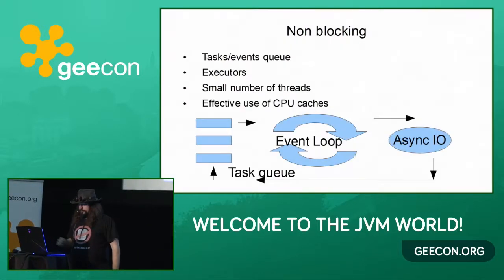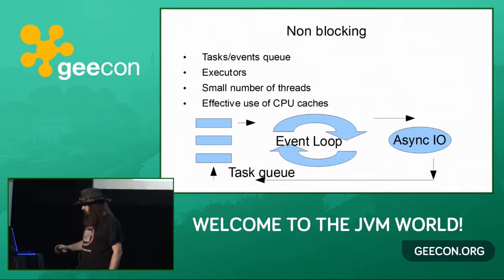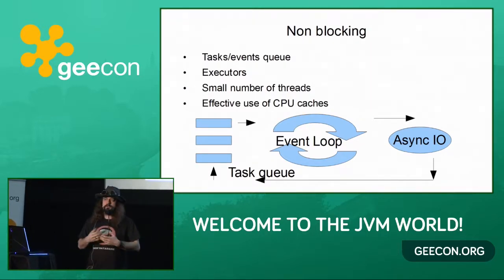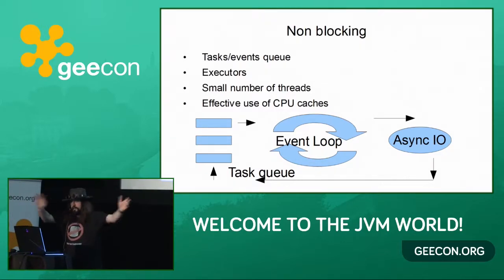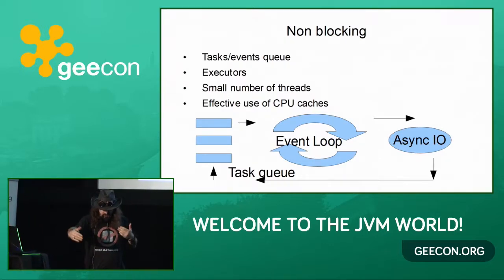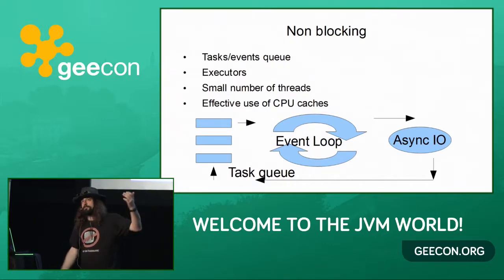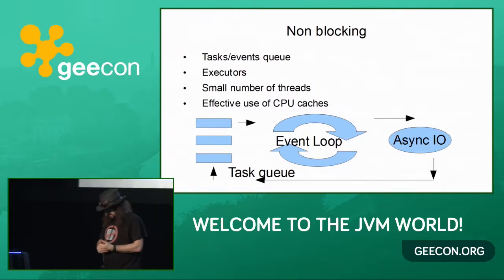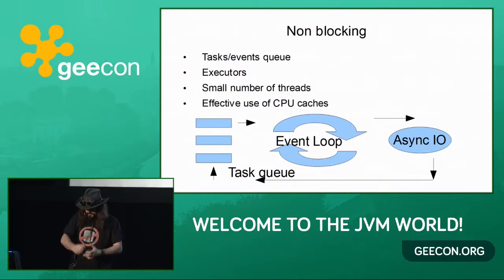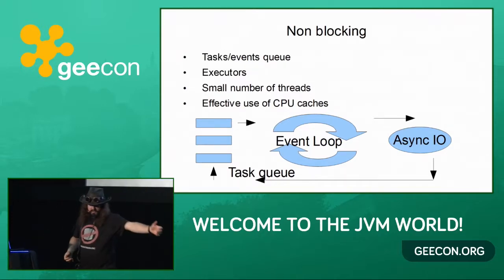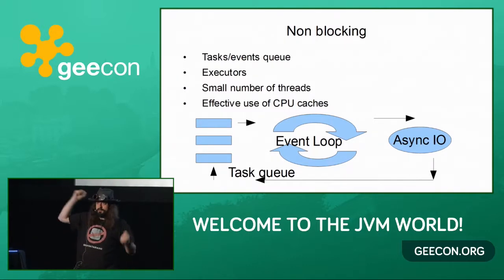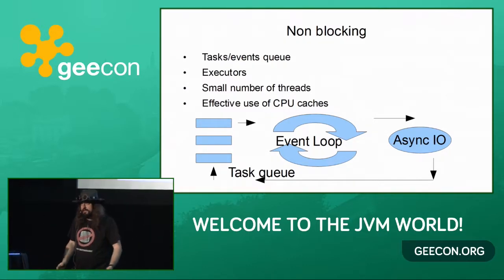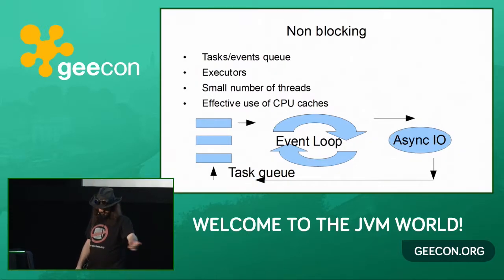Why is this very efficient? There is the fourth point: effective use of CPU caches. I can tell you, if there is a thread bound to some request, and you have like 200 such threads, what typically happens is the thread asks a database, asks another database, makes some computation, and prepares everything in the response. It's just happy to send this response to the user, and then the scheduler says, oh, your time is gone.